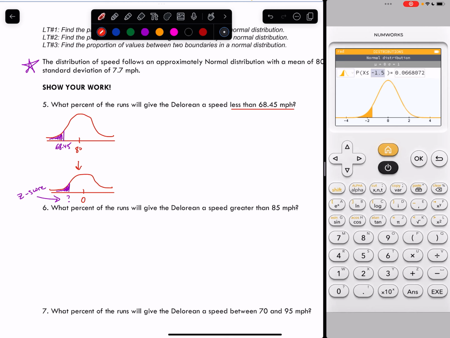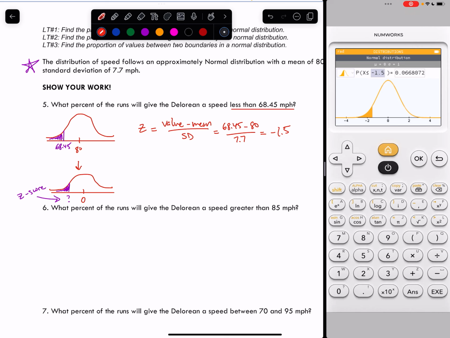So for this particular problem, we're going to find our z-score. So z equals our value minus mean over standard deviation. So 68.45 minus 80 divided by 7.7, which is -1.5. We just actually did all that work on the last problem.